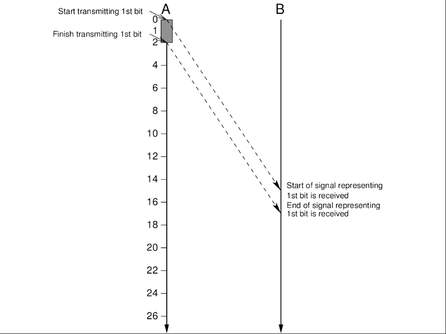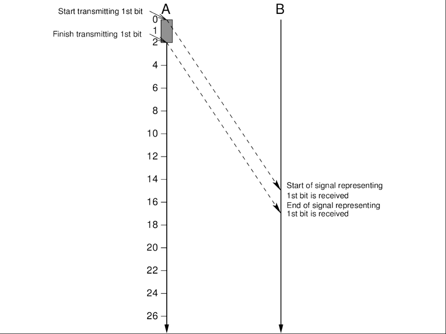We start transmitting the first bit at time 0. B receives that at time 15, 15 microseconds later, the propagation delay. The last part of bit 1 was transmitted at time 2. It also takes 15 microseconds to propagate. B receives that last portion of the bit at time 17.